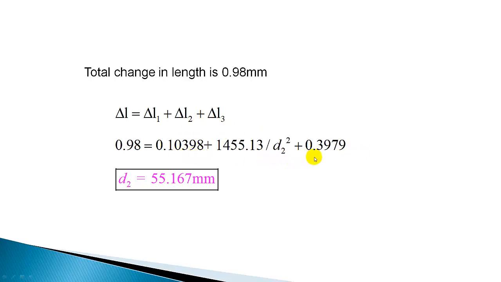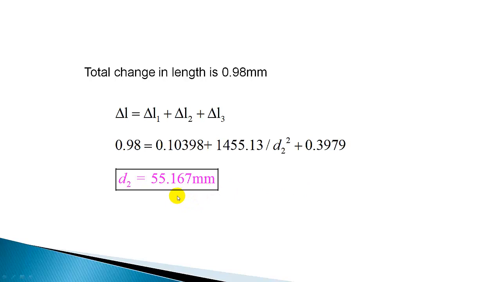Now if you work this out, you can solve for D2 square and then find D2. That is, D2 we will get as 55.167 mm. So you require a diameter of 55.167 mm to limit the elongation to 0.98. When you use this diameter, the elongation will be 0.98.